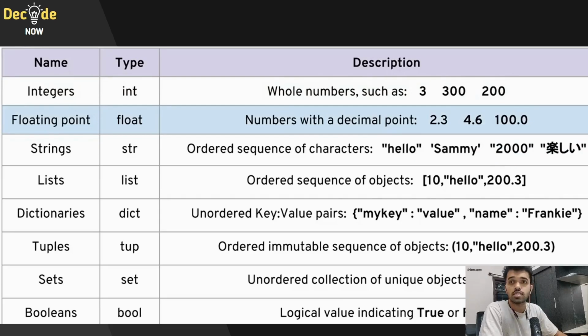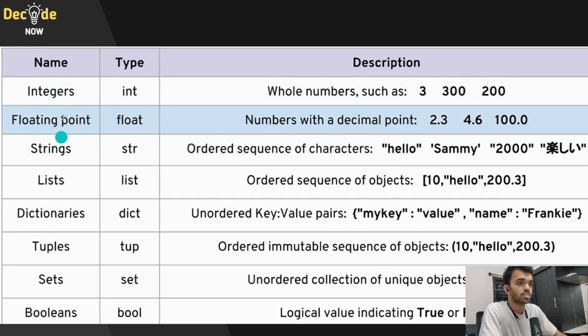Even though 2000 is a number, since it is enclosed within double quotes, it is considered a string in Python. Any character, be it a special character, a number, or just alphabetic characters, which is included within double quotes or single quotes, as you can see in Sammy, which is enclosed within single quotes, will be considered a string in Python. So this is strings. Next we have lists.